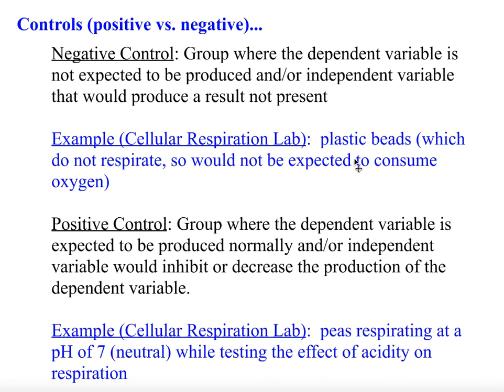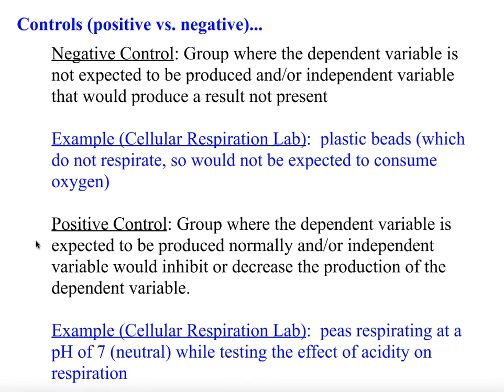Something that doesn't respirate, so wouldn't be expected to consume oxygen, right? The independent variable that would produce a result isn't there. You would expect sort of no results. It's a way to sort of monitor any environmental factors that might be at play.